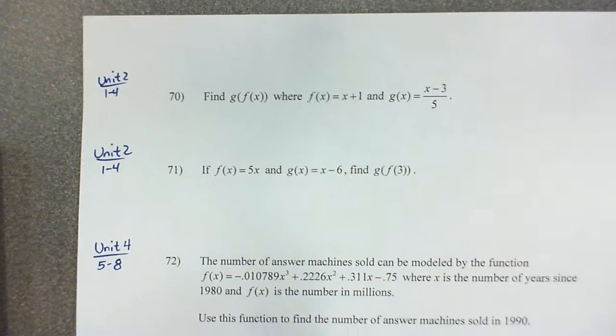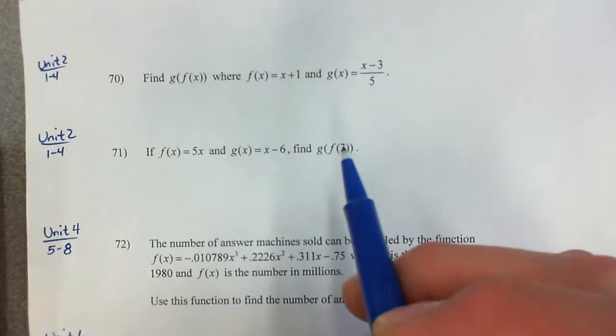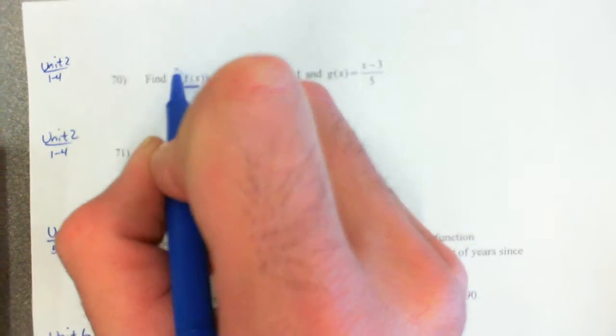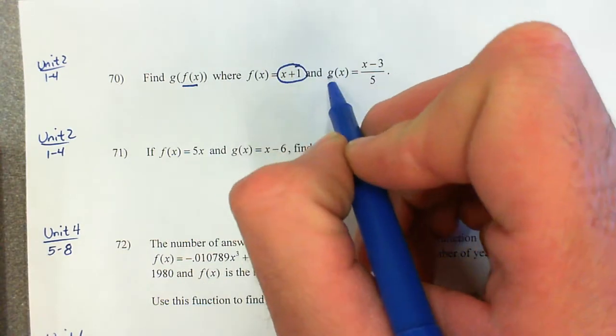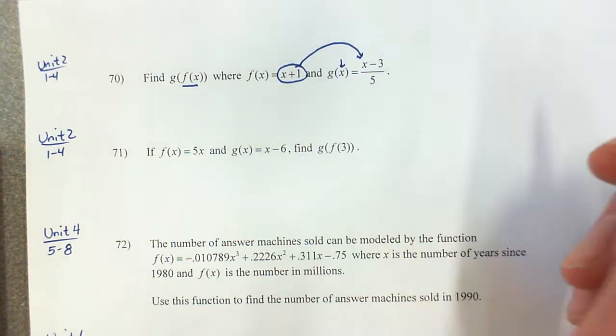If we look at question 70, which is also on functions, here we're finding g of f of x. So notice that the f of x is inside g of x, which means you want to plug f of x into g of x everywhere there's an x.